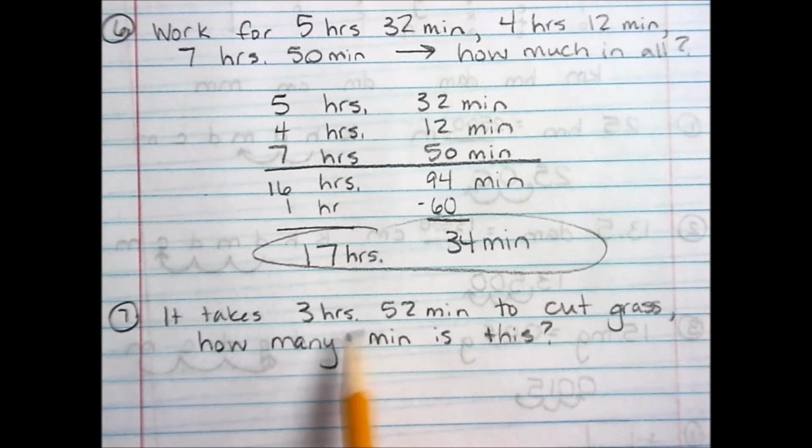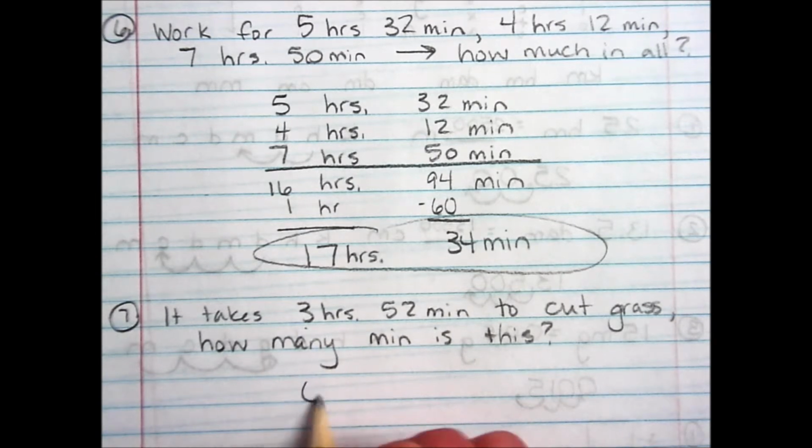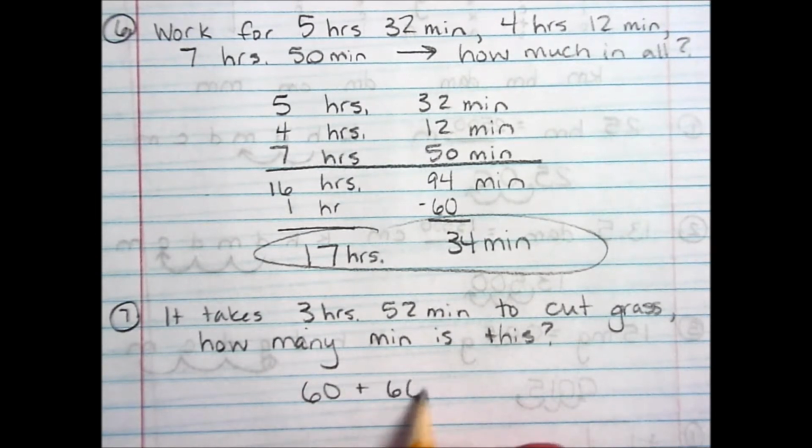So what I want to think about is, first of all, how many minutes are in 1 hour, Aiden? Allison? 60. So I have 3 hours, so I'll need 3 60s, because each 60 minutes is 1 hour.